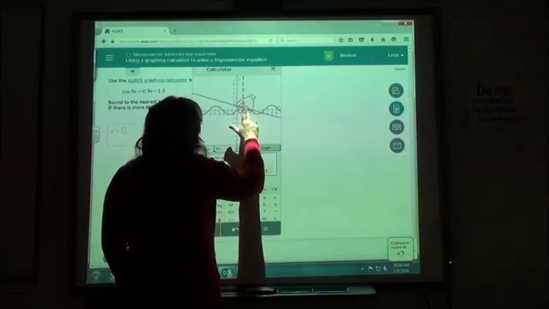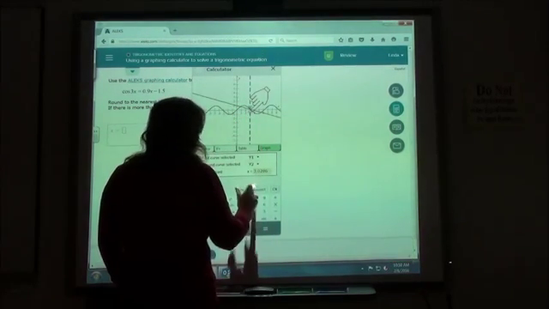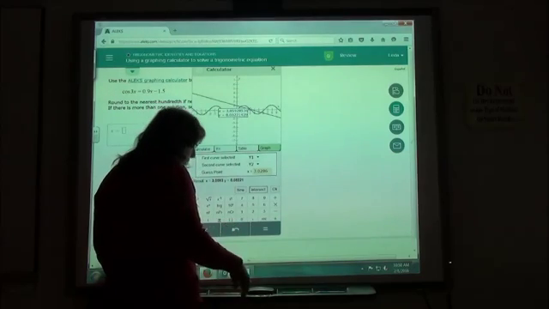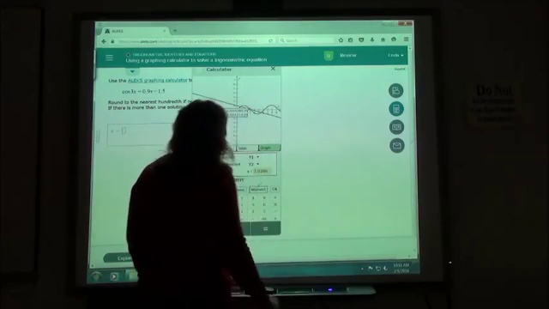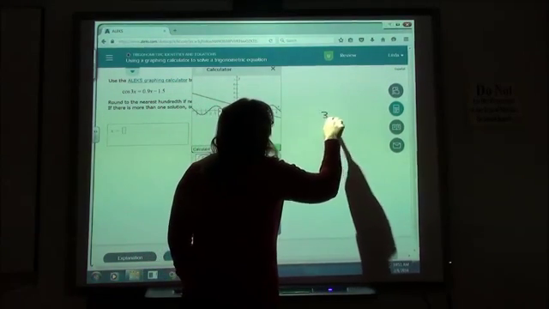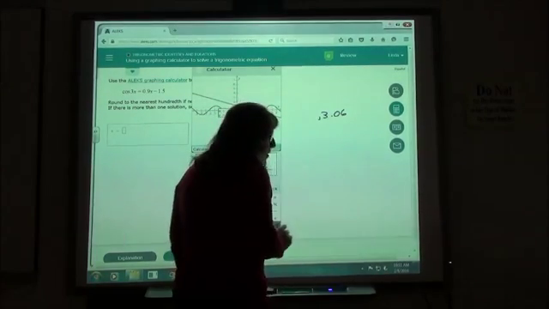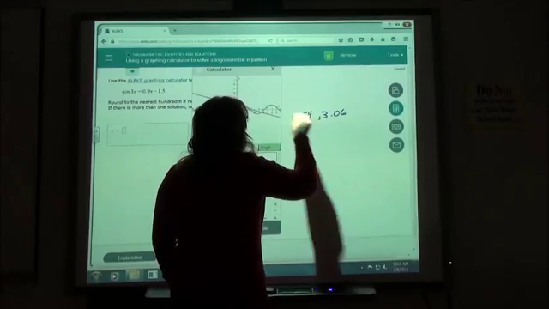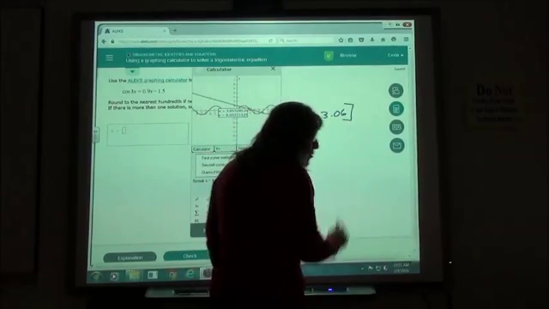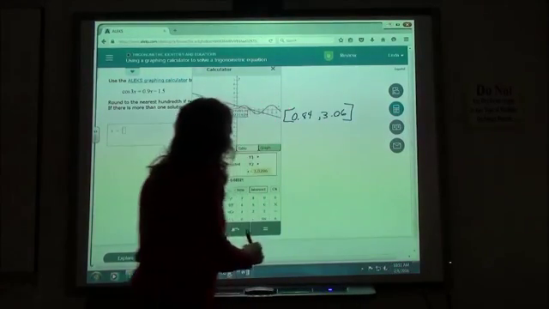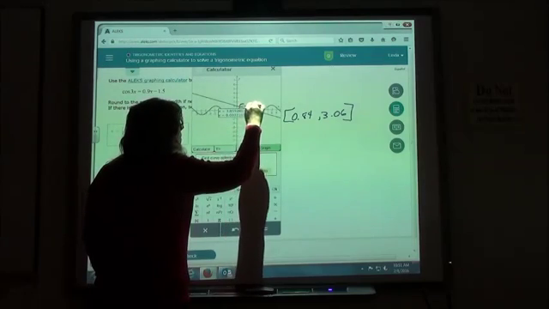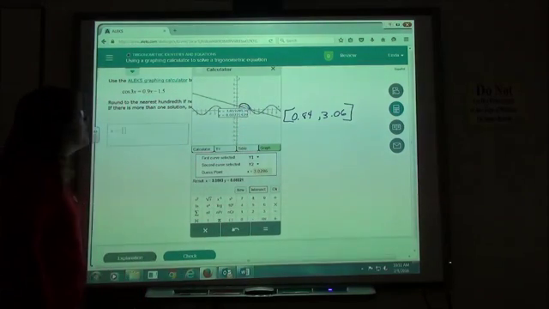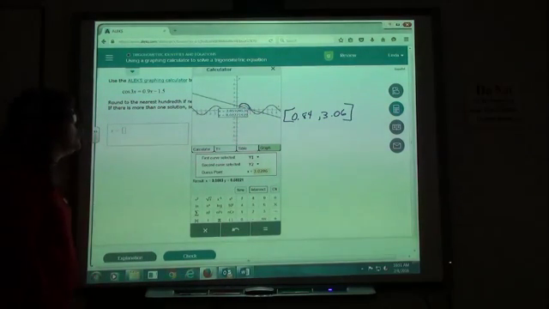Intersect, find my second intersection, hit intersect there, 3.059, so 3.06. So we went from 0.84 to 3.06. And that was going to be this first little part up here that's above my line since I'm doing greater than or equal to.